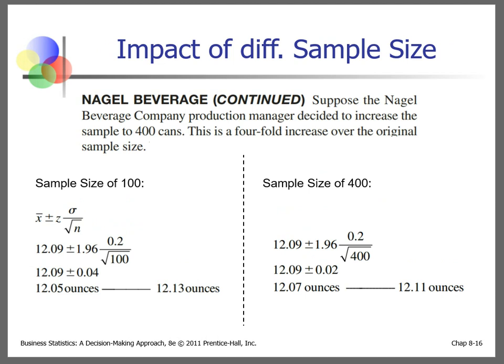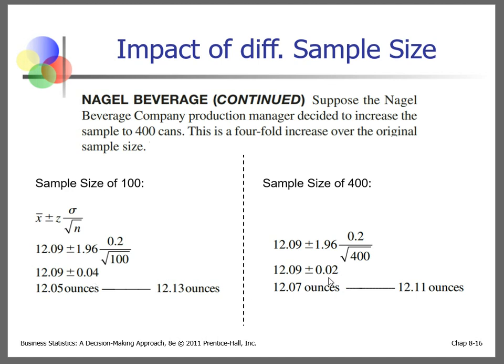Another scenario: what if we use a different sample size? Suppose the Nagel Beverage Company production manager decided to increase the sample to 400 cans, which is a four-fold increase over the original sample size. Notice that with the same 95% level of confidence, and by increasing the sample size to 400 cans, the margin of error is reduced from the original 0.04 ounces to 0.02 ounces.